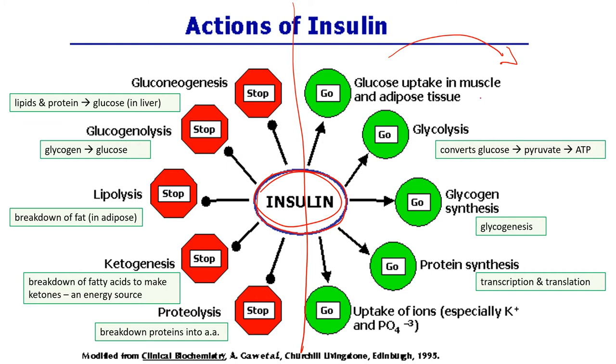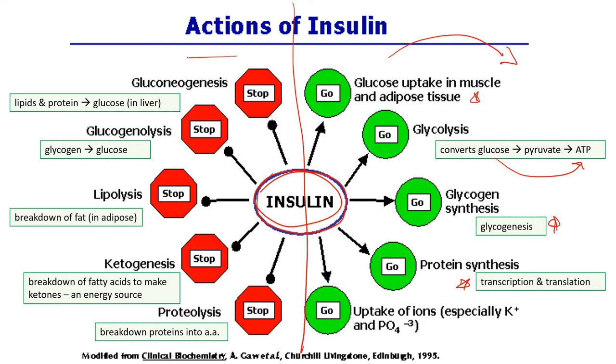For instance, we're going to turn it into glycogen, glycogenesis. We're going to convert the glucose and run it through glycolysis, Krebs cycle, and electron transport chain, and turn it into some energy. We're going to take those amino acids and promote protein synthesis out of that.